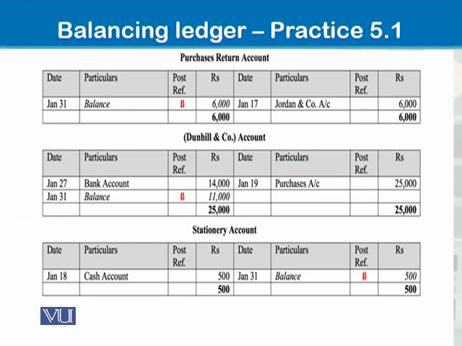Its credit side would be heavier and you see its balance is appearing in the debit side, would be named as credit balance. Dunhill is our creditor and it is liability having credit nature, credit side is heavy, therefore its balance 11,000 appearing in the debit side would be named as credit balance. And stationery is an expense having debit nature, its balance would always appear in the credit side and would be named as debit balance.